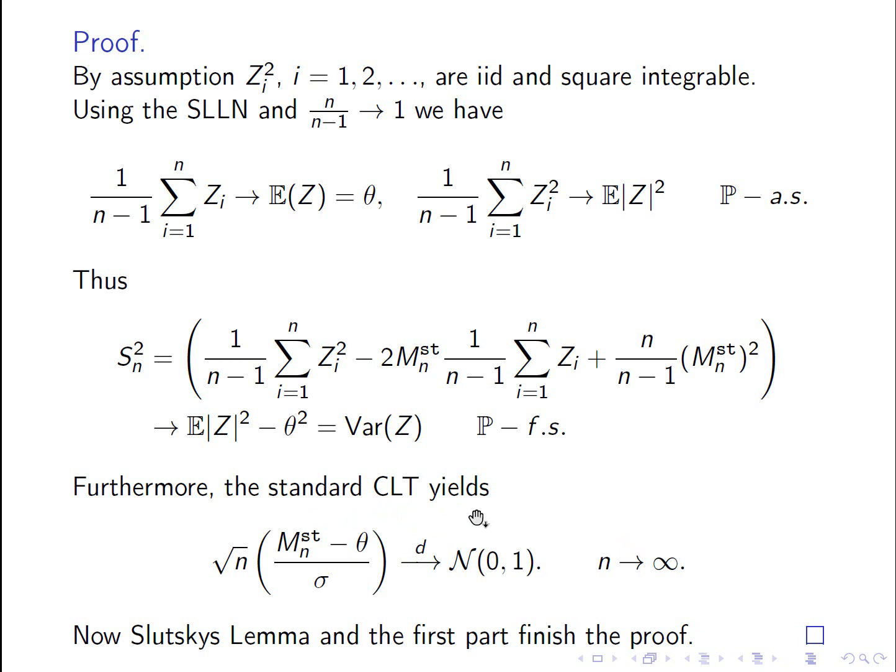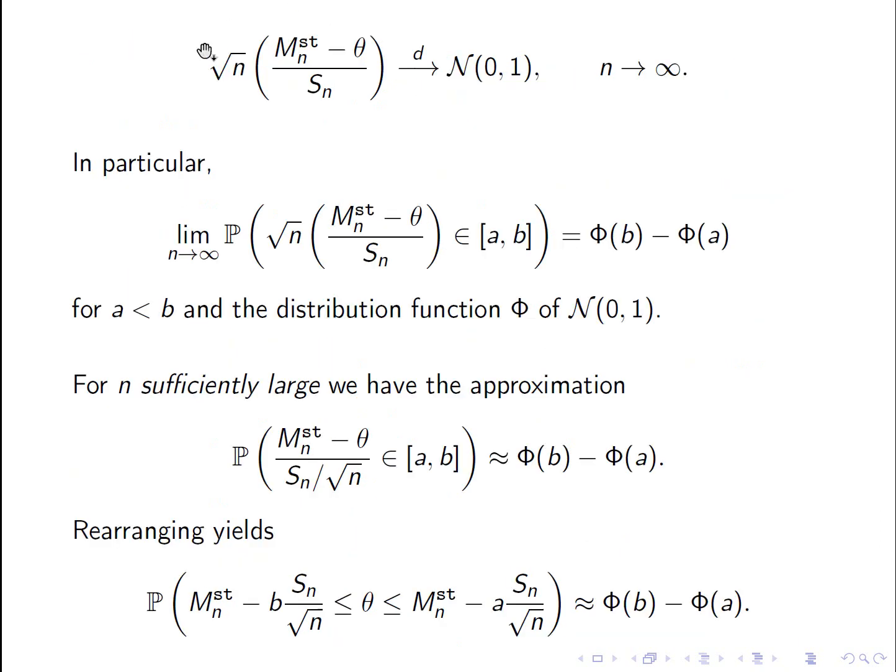Okay. So what is this good for? We have this convergence in law to a standard normal distribution, so we can say this thing about the probabilities. If we look at the probability that our standardized estimator is in [a, b], and if we let n go to infinity, then in the limit this probability is phi b minus phi a, where phi is the distribution function of the standard normal distribution, and a has to be less than b to make sense.